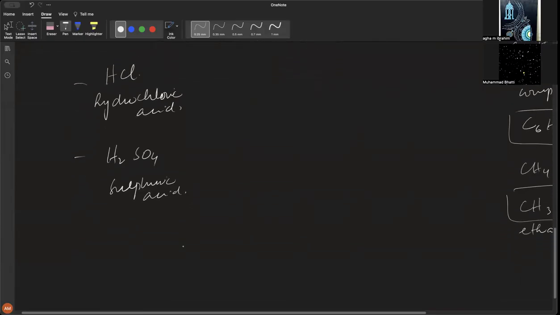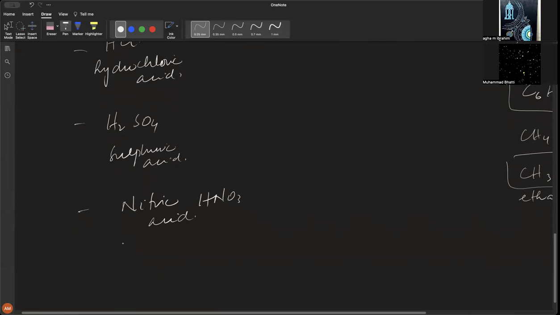Then we have nitric acid, which is HNO3, right? And then these are the few. Phosphoric acid as well, H2PO3, and all of those.